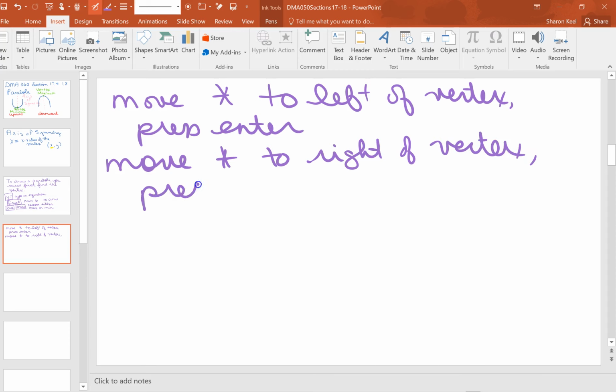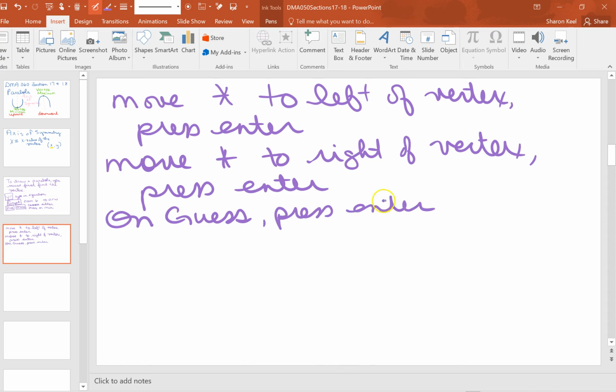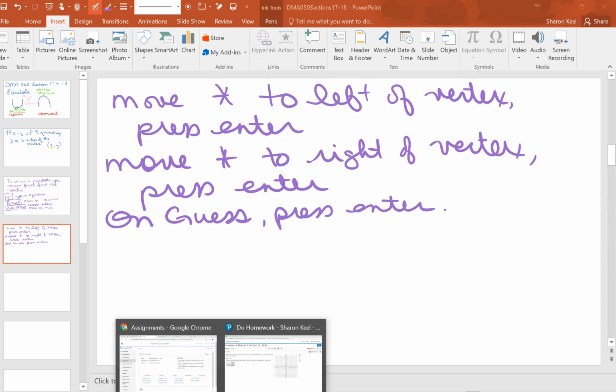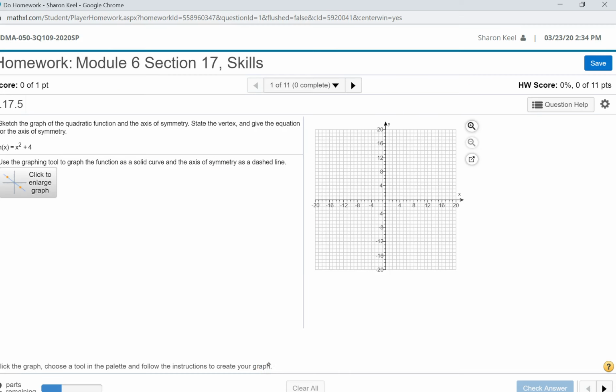Again, you're going to press enter. It's going to give you an option that says guess. On guess, you're just going to press enter. You will then see the word minimum or maximum, and then you will be able to identify what we're doing here. So let me come to our MyLabs Plus for a moment.